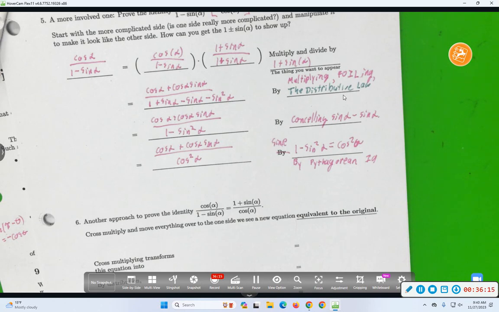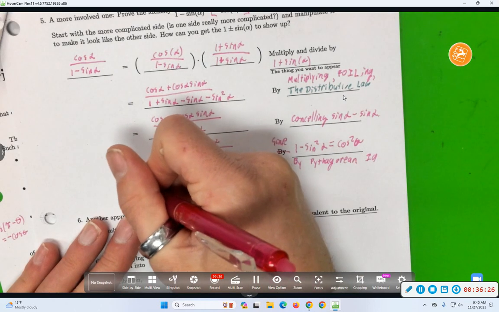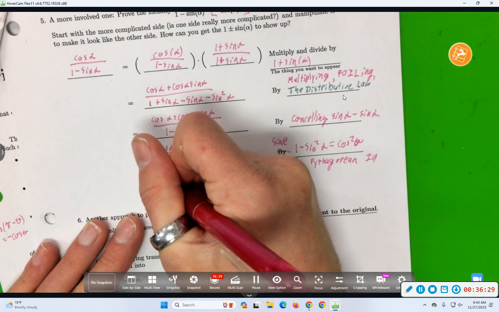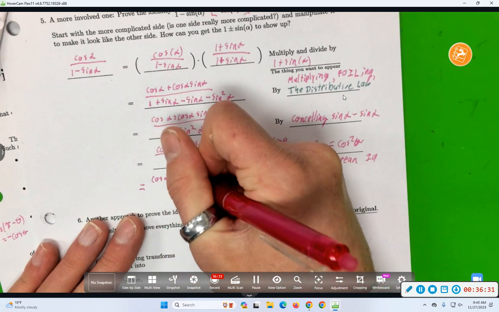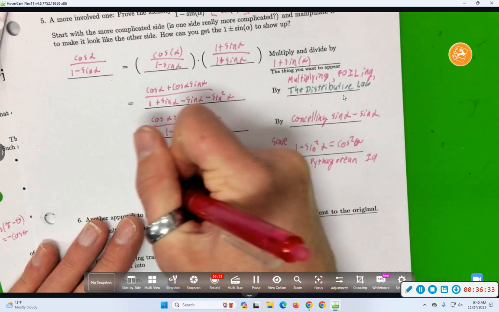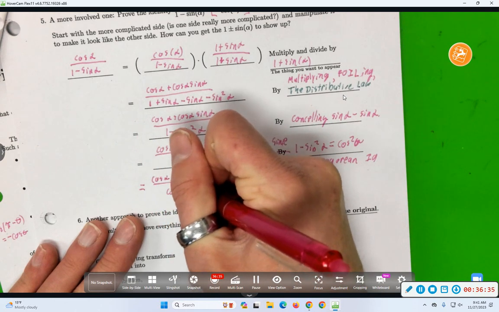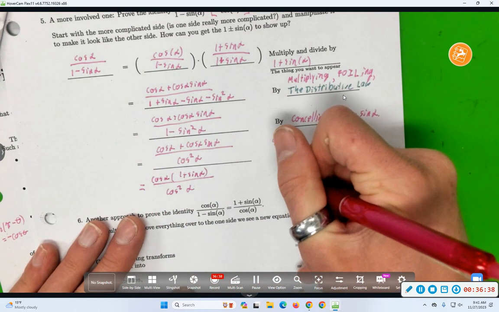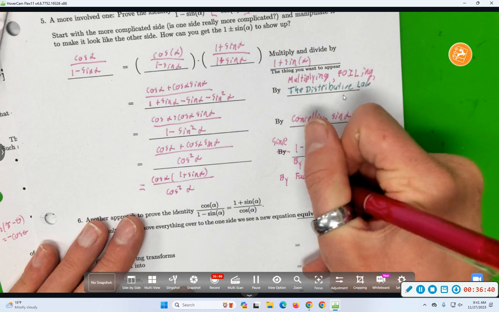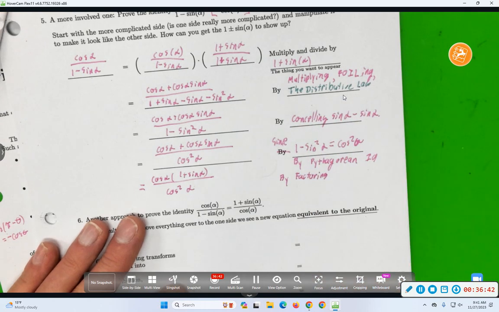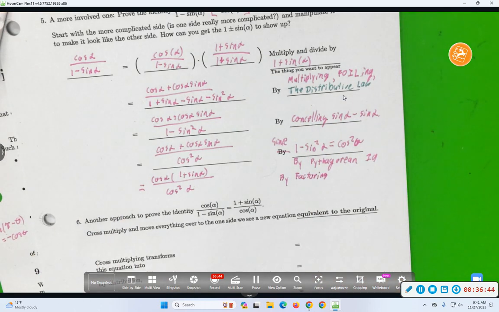And maybe I'll do that, and then we'll notice a simplification we could make. I'm going to take advantage of the fact that I have erasable pens in a moment. So that is equal to cosine alpha, 1 plus sine alpha divided by cosine squared alpha by factoring. And the whole point of that factoring is now there's something that cancels.